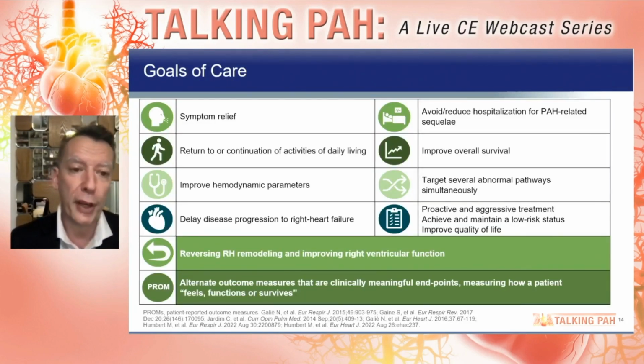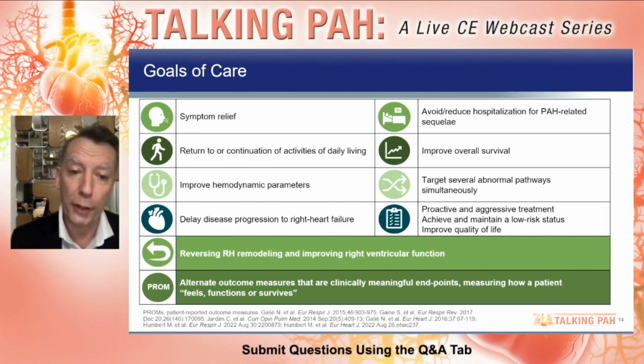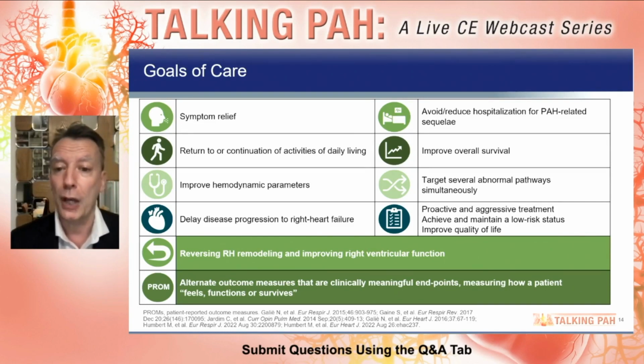So the goals of care when the diagnosis is established are to relieve symptoms, to have near-normal daily life, improve hemodynamic parameters, delay or prevent disease progression to right heart failure, avoid hospitalization, improve survival, and certainly we have important treatments right now which target several abnormal pathways, and we should use them as well as we can.